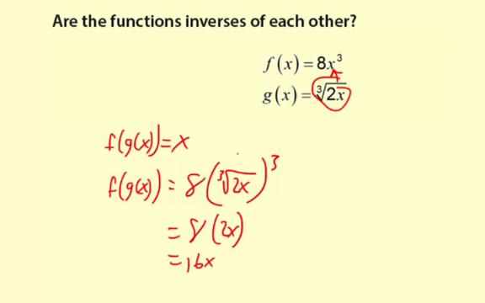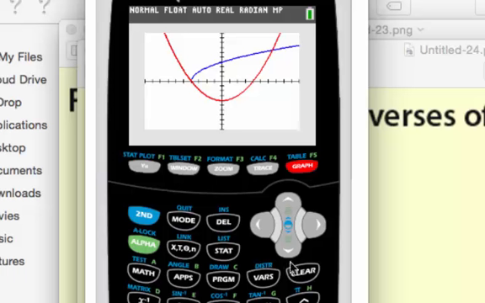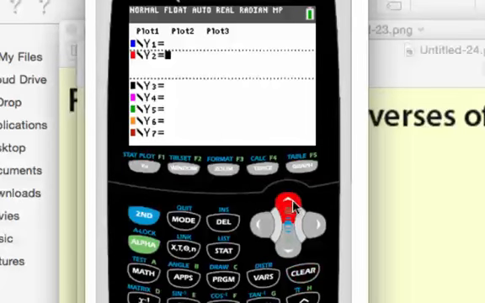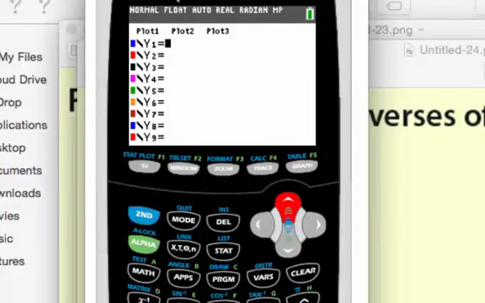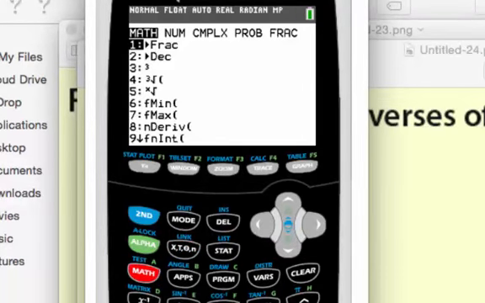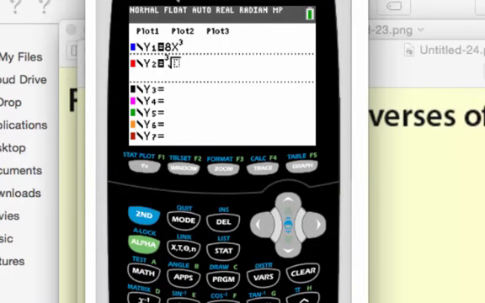Well, let's graph them on the calculator to compare also. So our first function is 8x to the third, and our second function is the cube root of 2x.